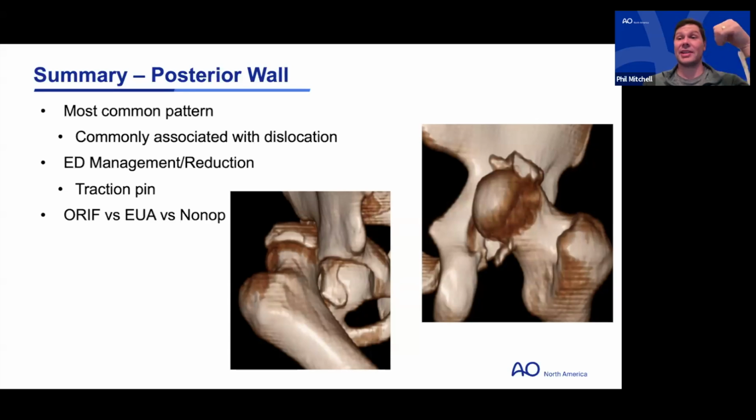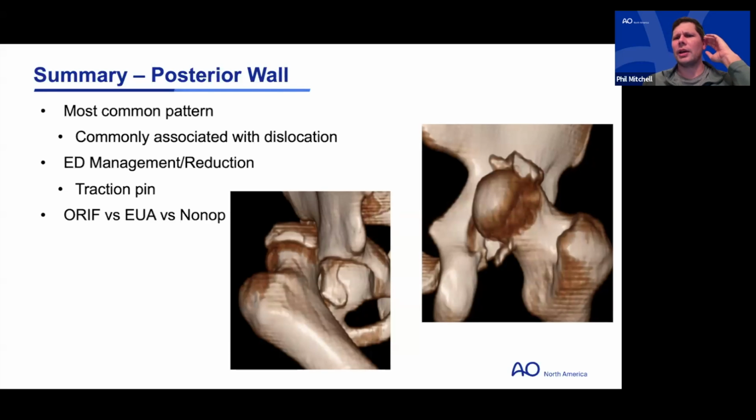So the first key is identifying them, counting them, measuring them, knowing what you're going in to get, and then there are many different techniques of how to do that. We probably each use some similar and some different, whether it's putting on a distractor on the hip, or pulling with a Chance pin. It probably depends on how big the wall is in terms of how much you can access, but there are lots of different techniques to get them.